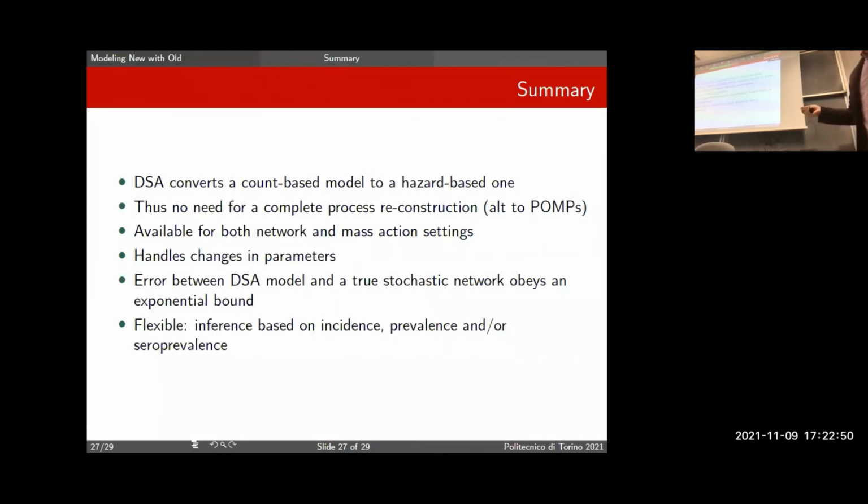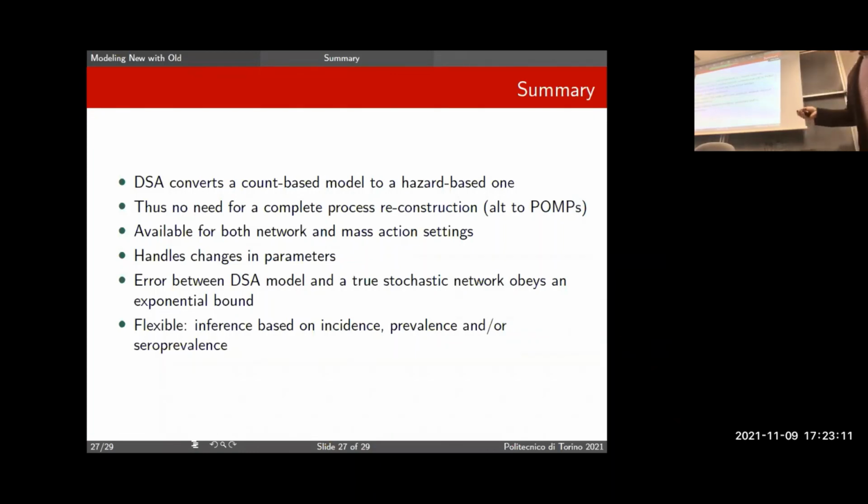You can either use the data on incidence, which is typically the data about new infections. You could use the data on prevalence, which is often the data that you obtain from the PCR tests. If you're traveling, then you are asked to provide a PCR test, at least when you go to the US, even if you are vaccinated.